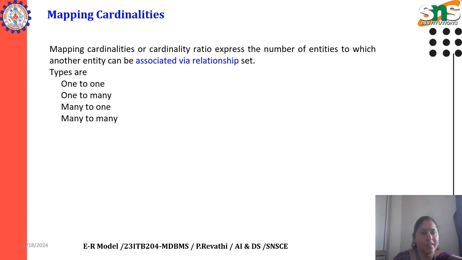Mapping cardinalities, also known as cardinality constraints in an entity relationship model, describe the number of entity instances that can be associated with instances of another entity through a relationship. Types are one to one, one to many, many to one, many to many.